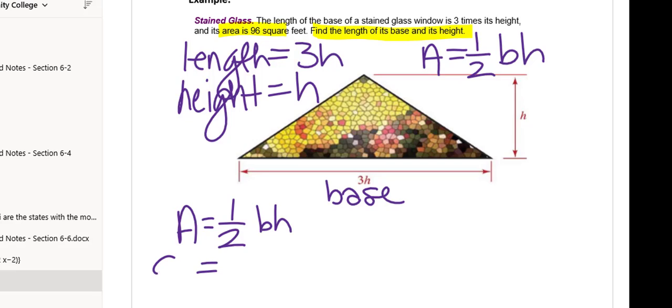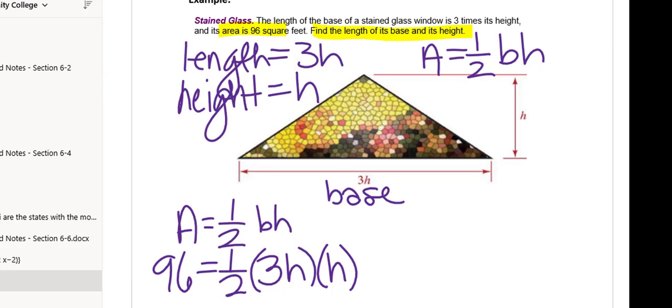So 96 is equal to 1/2 times the base, which is 3h, times the height, which is h. The only thing I did is replace each of the variables with what it was equal to, with the information from the question.